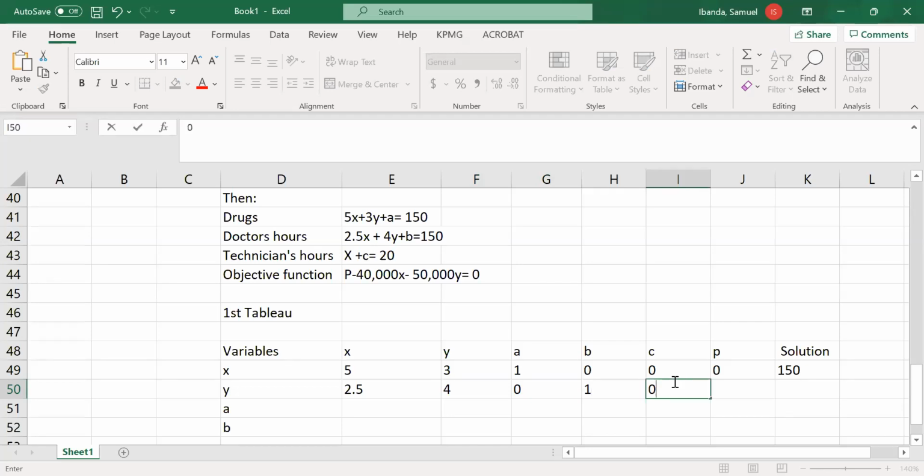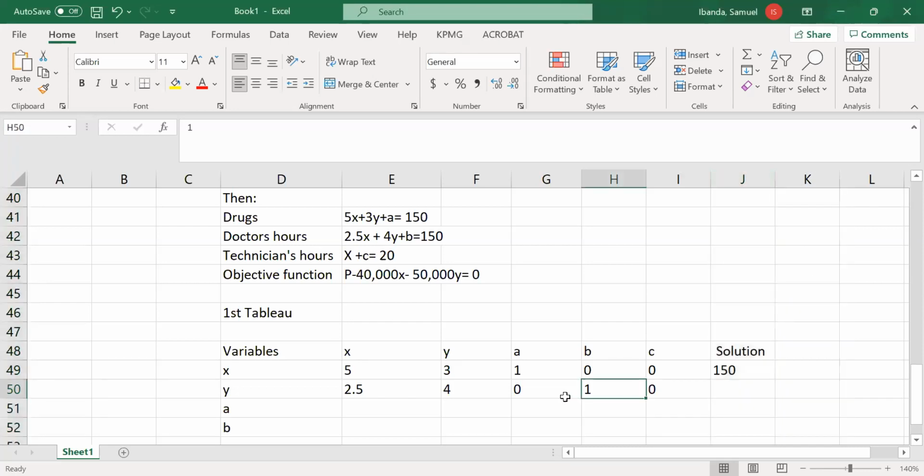C, we don't have anything. P, we also don't have. To simplify your work, it's not mandatory that we include P here. You can even leave out P, because you always have 0, 0.